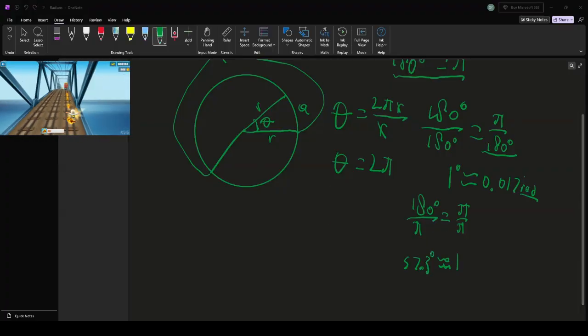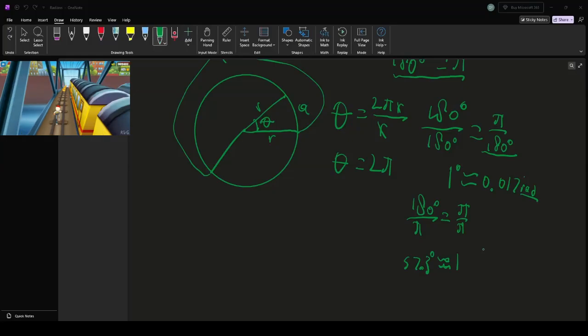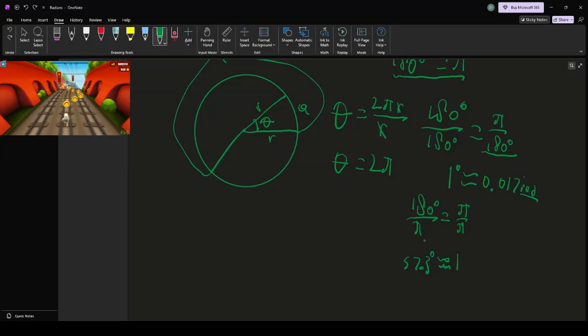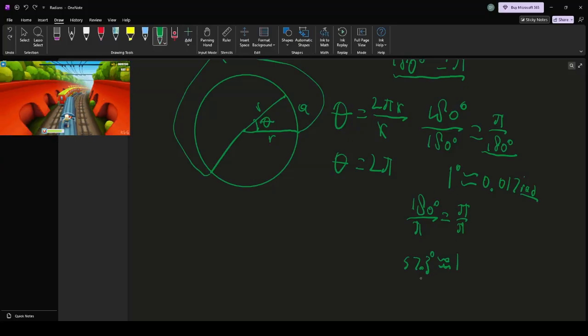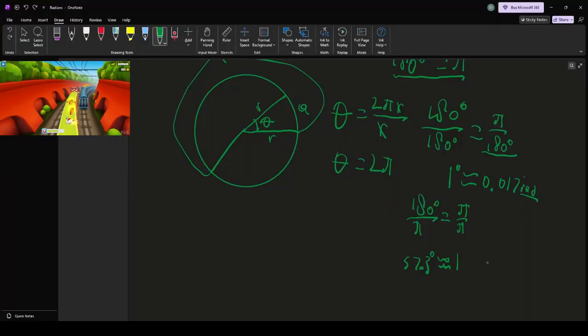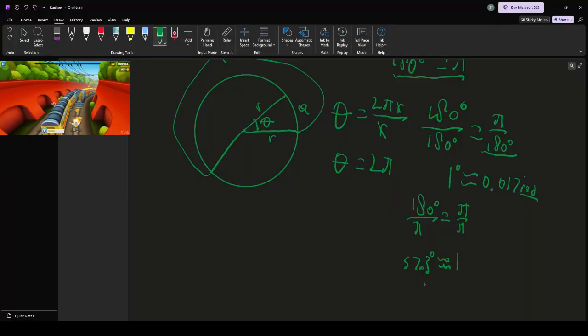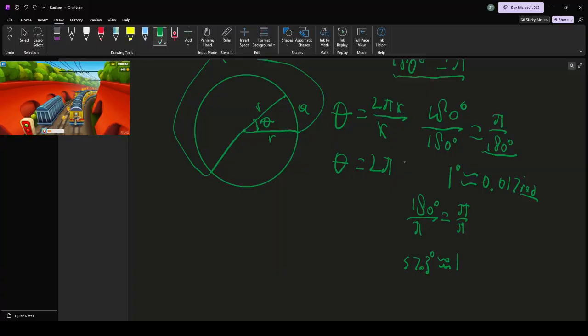So that's a little thing. Okay, so these might not actually be little things. You could actually use these to convert from degrees to radians.